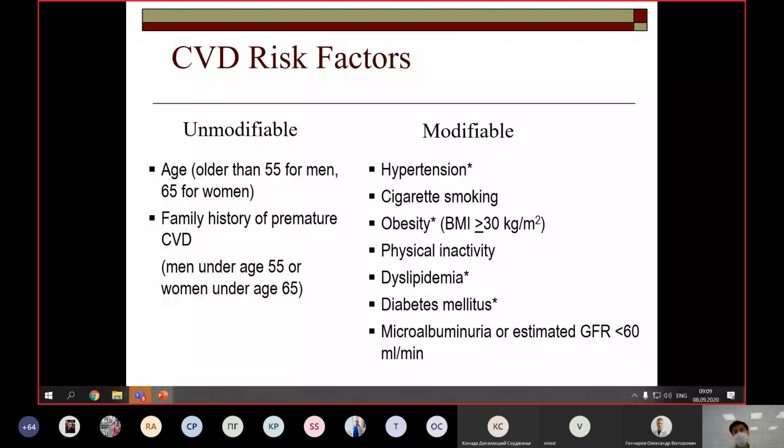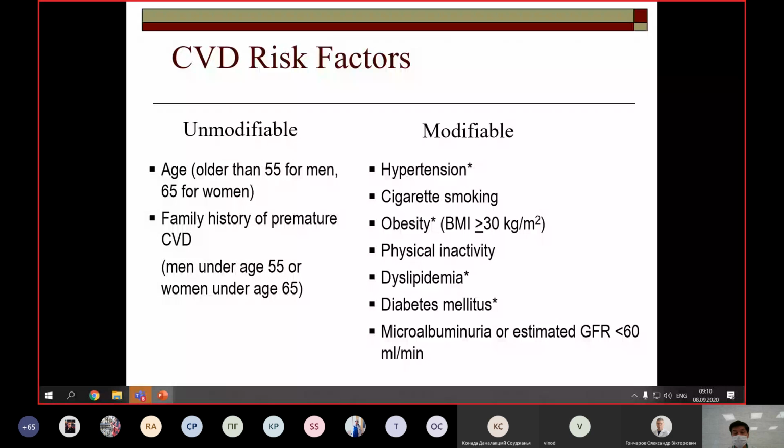Please pay attention, premature is the keyword, defined as premature fatal cardiovascular events in men under age 55 or women under age 65. If your patient has this family history of premature CVD, this unmodifiable risk factor can add 1 point to the risk score and probably should be translated into the qualification of cardiovascular risk.